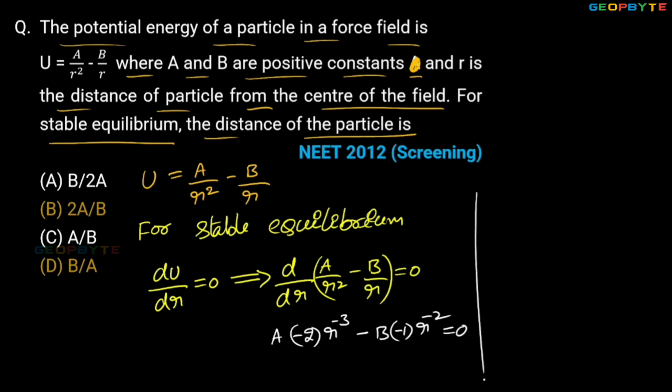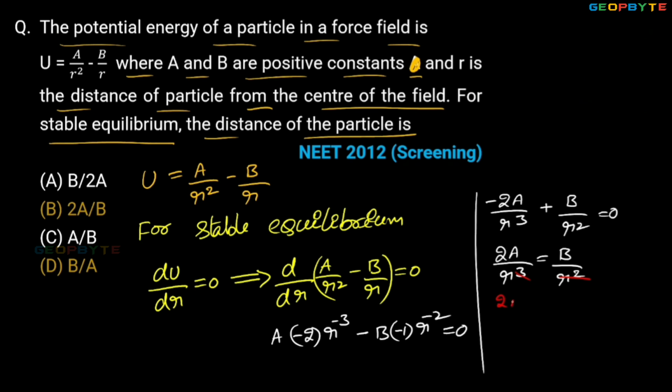Simple mathematics, school level mathematics, can be written as minus 2A by r cube plus B by r square is equal to 0, or 2A by r cube equal to B by r square. R square part is cancelled.